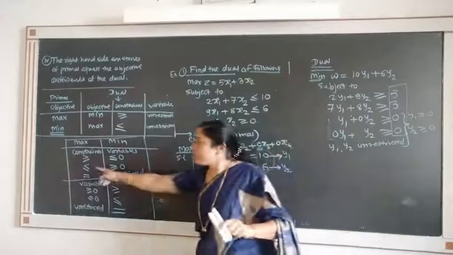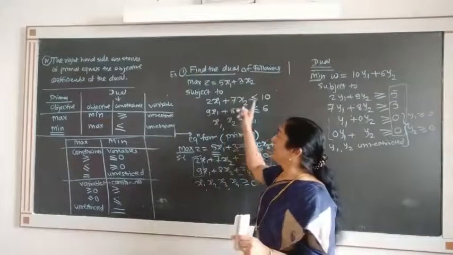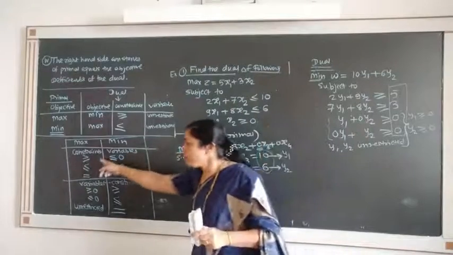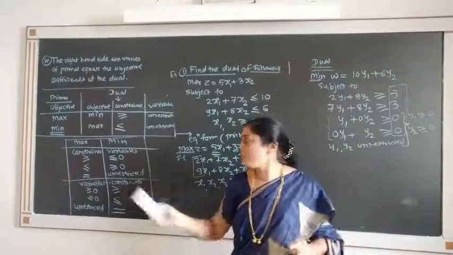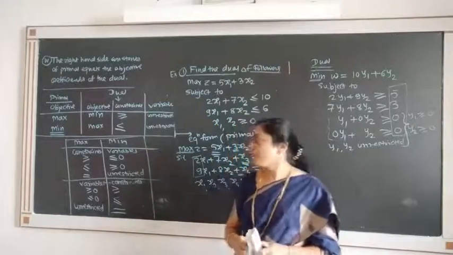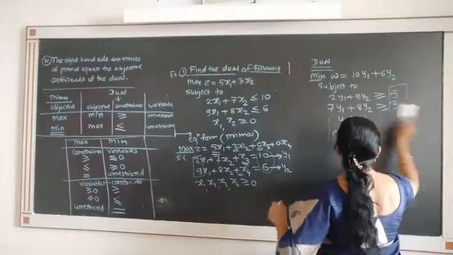So you can observe this in this form, that is, given a maximization problem and in minimization, what are the changes you are able to see from this table. So this is one example to find dual. See another one.